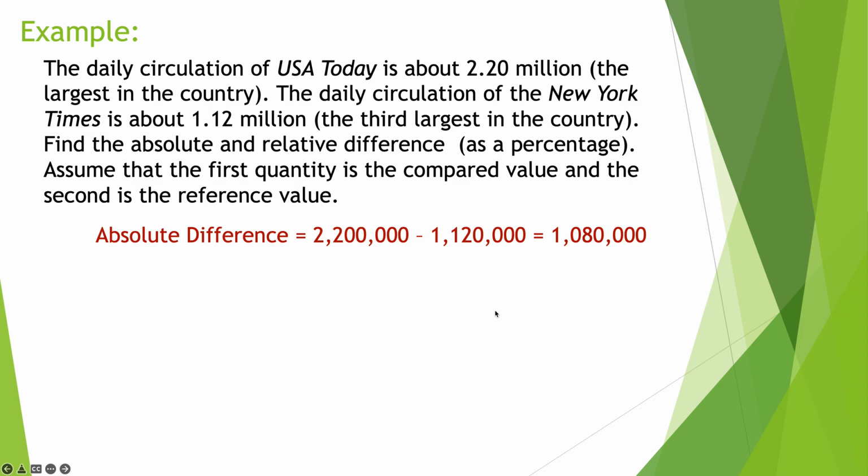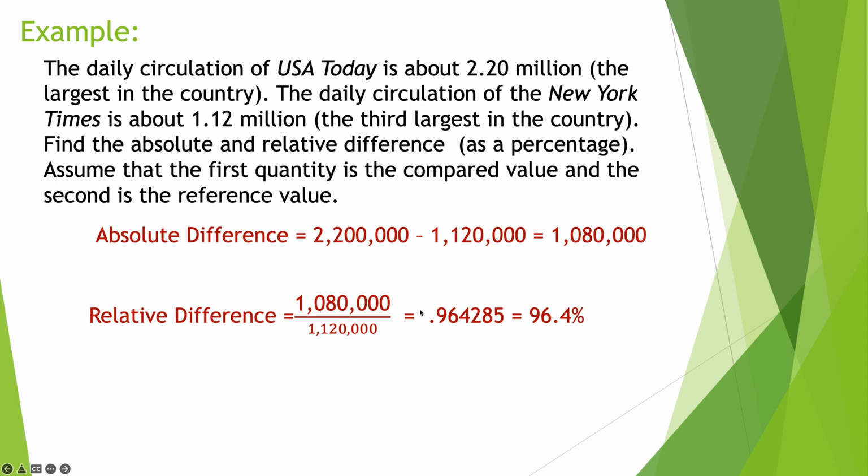But if you want the relative difference, you have to put that 1,080,000 compared to the reference value, which is 1,120,000, and then it becomes 96.4%. Again, that's compared to the reference value of the New York Times circulation.